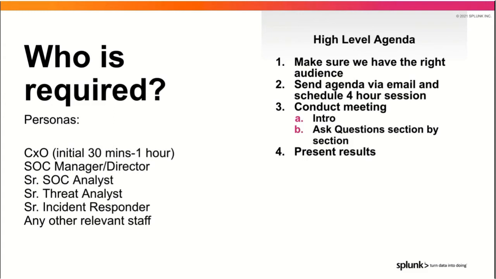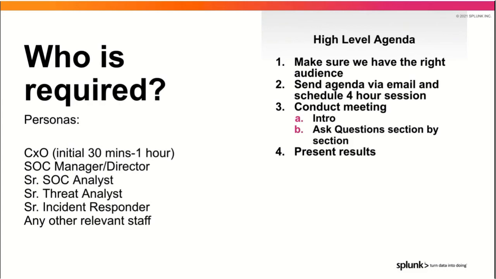So initially, the way we typically start out is we make sure that we have the right audience available first. Then we send out the email to the customer to schedule that 4-hour session, make sure that everybody will be able to attend. Once we have that meeting scheduled, we conduct the actual assessment. We start off with a high-level introduction, and then it's a question and answer format in terms of going forward with the rest of these things, right?